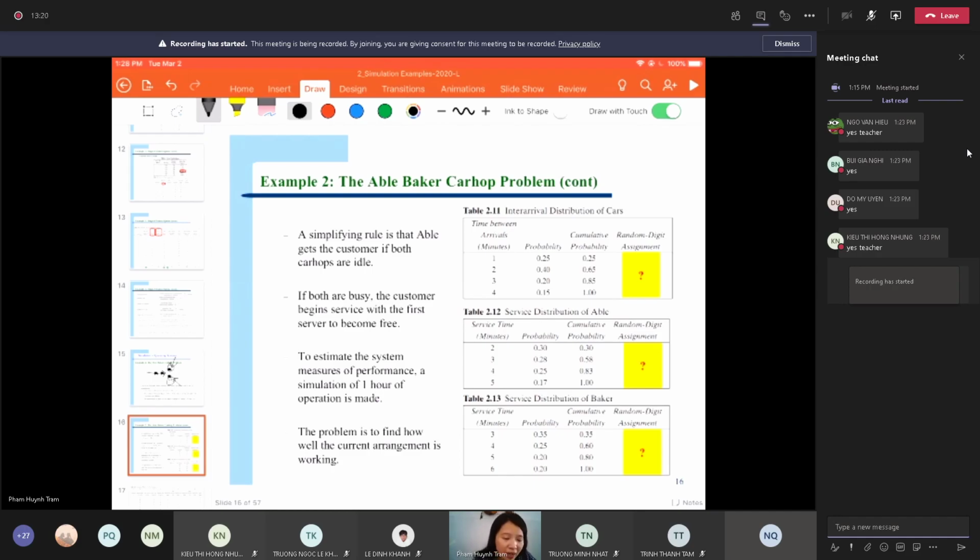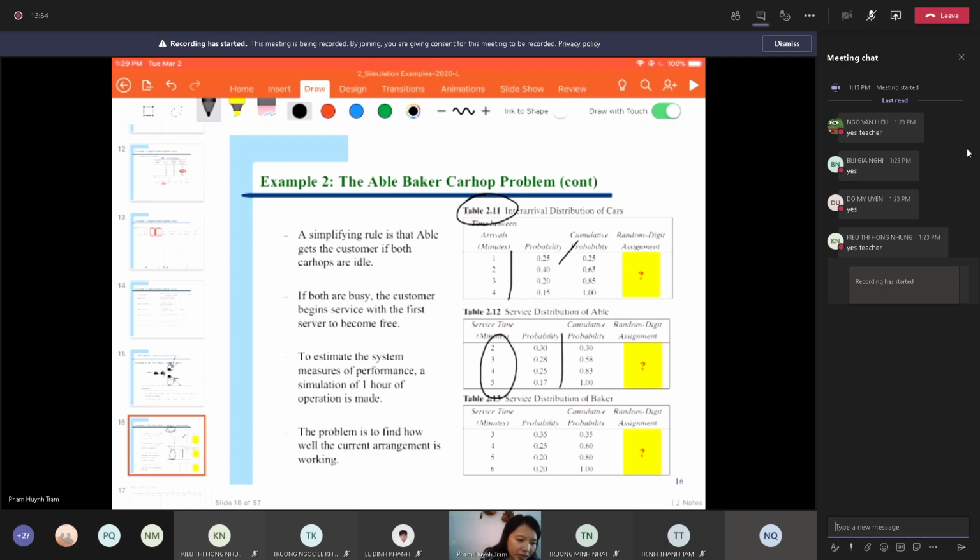Very similar to our previous examples, we also have the data related to the time between arrival of the cars in this table. The time between arrival of the cars varies from 1 to 4 minutes with this probability. And this is the service distribution of Able, varying from 2 to 5 minutes with this probability.